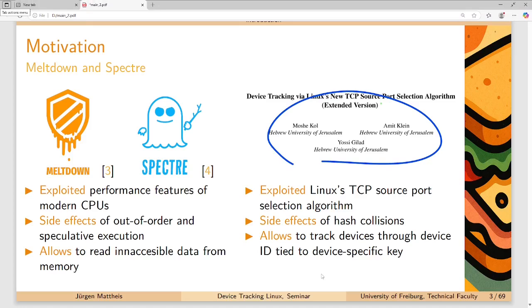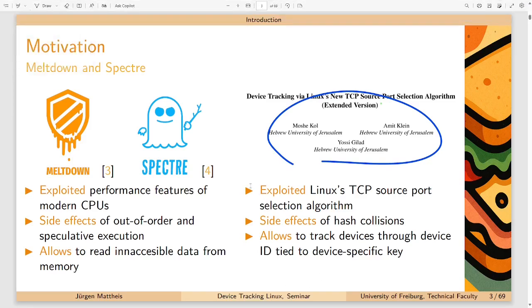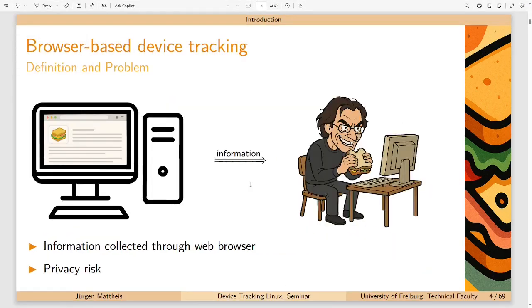This attack is a browser-based device tracking technique, and it uses information collected through the web browser. It's of course a privacy risk because people are often unaware of this tracking.